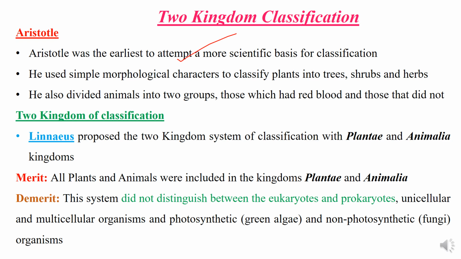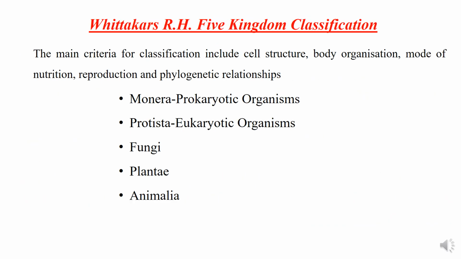This classification lasted for several years, and a long time after that it became a necessity, because we cannot keep all the organisms in Plantae and Animalia. There are some prokaryotes and eukaryotes, and we cannot keep both under the Plantae. So later Whittaker R.H. proposed the 5 kingdom classification.